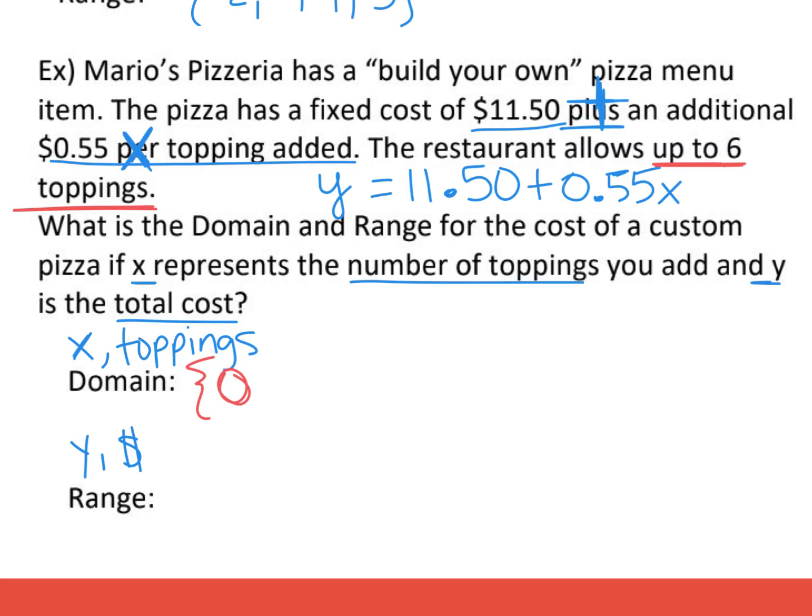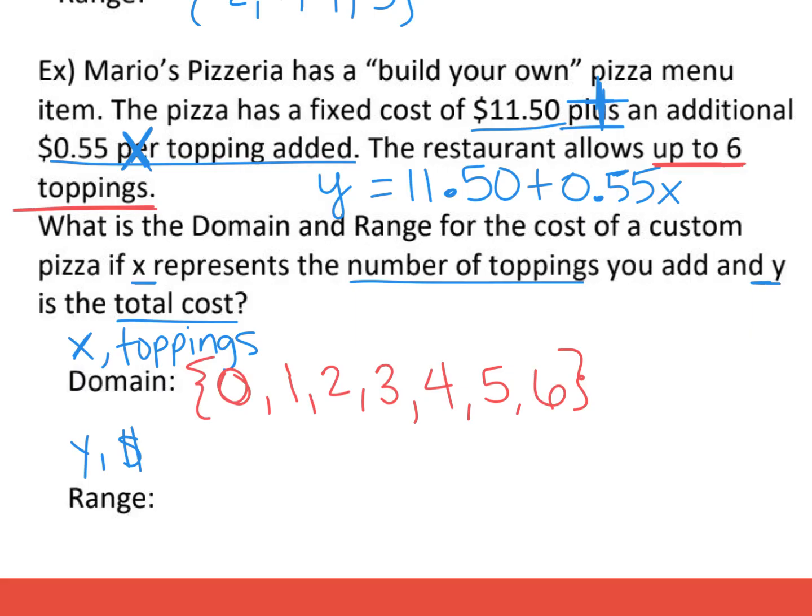What if I wanted to put pepperoni? That's 1 topping extra. What about black olives? How many toppings do I have now? 2. And pineapple. 3. And sausage. 4. And ham. 5. And maybe onion. 6.